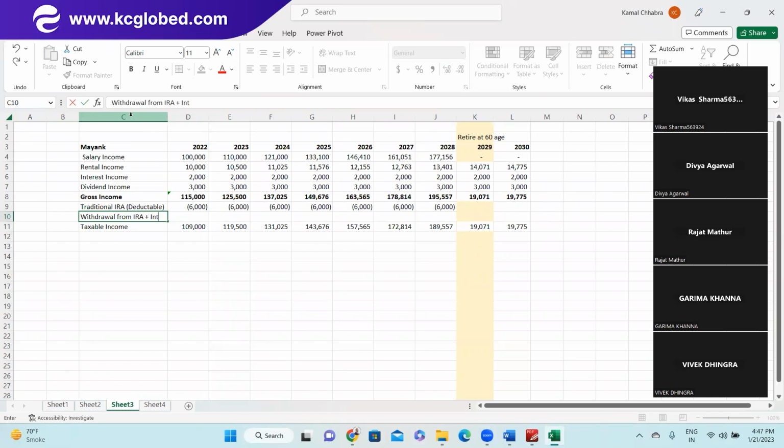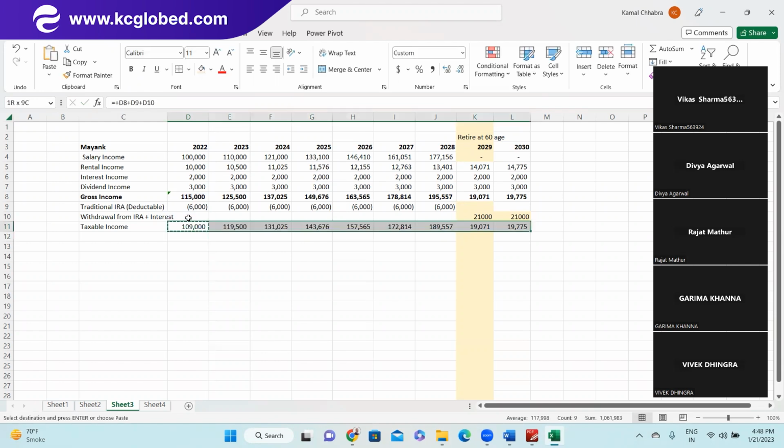And interest. Let's assume you withdraw 21,000 in this year and this year. So your taxable income will be this much.